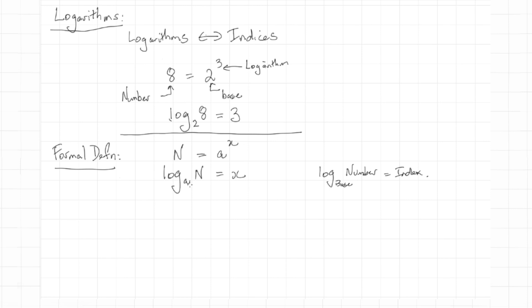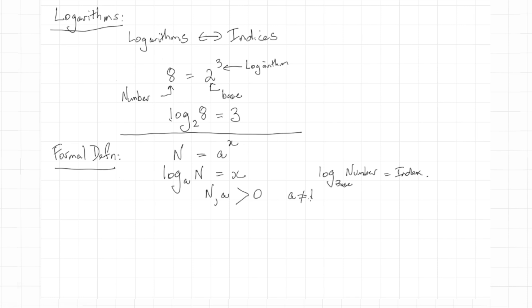This is a definition. We also should note that n and a have got to be greater than 0. So we can't have the logs of negative numbers, and the base can't be negative. Greater than 0 means it has to be a positive number. And a cannot be equal to 1.